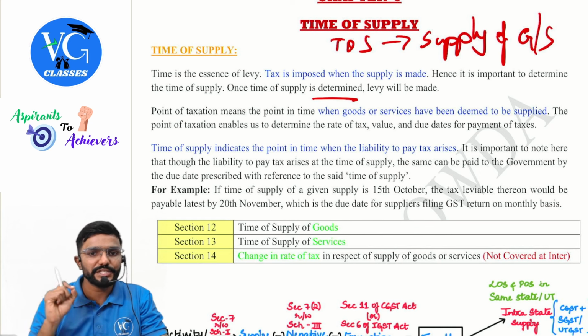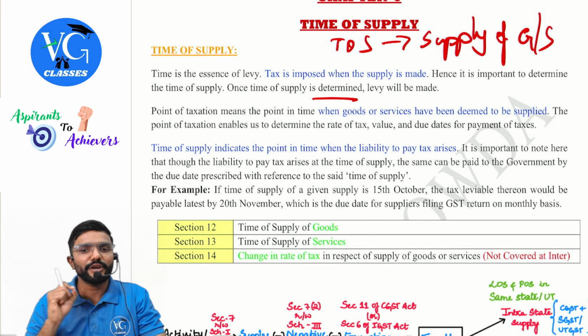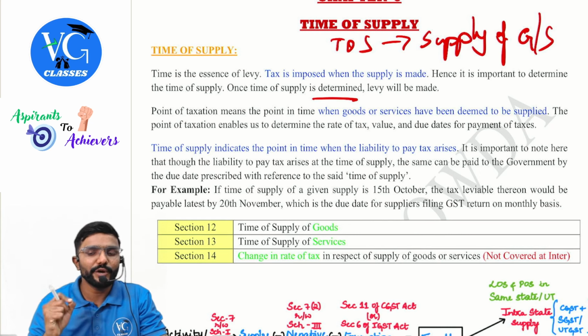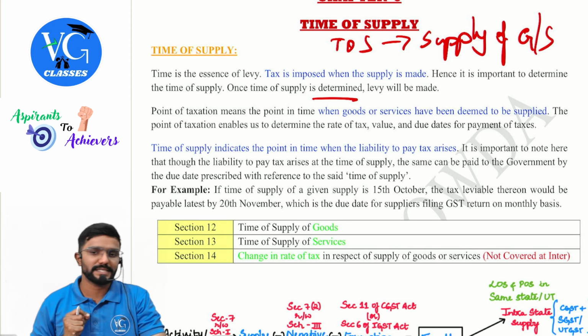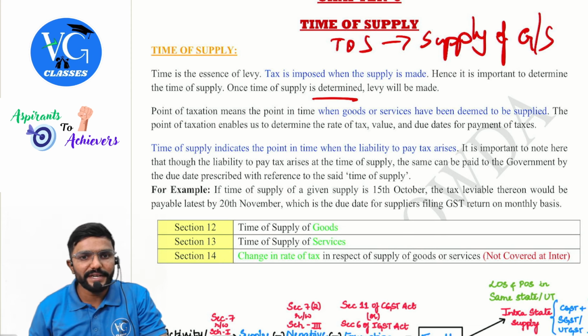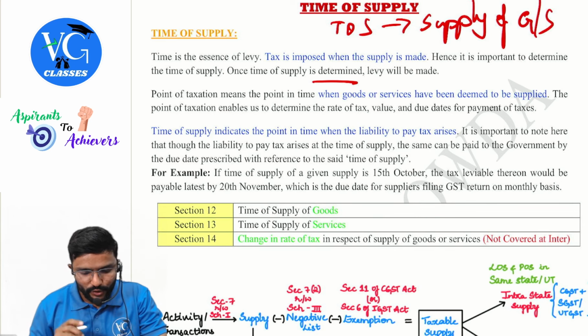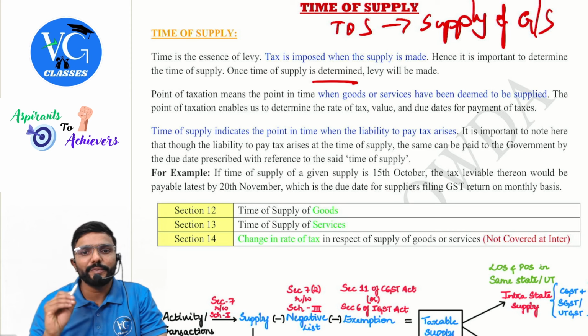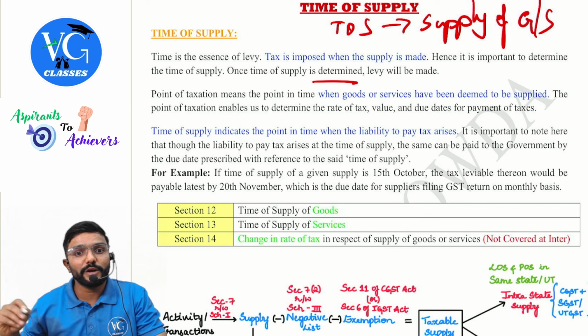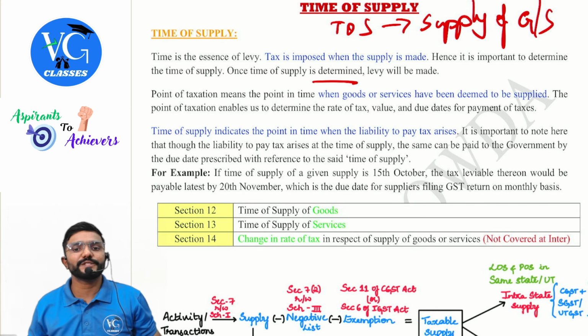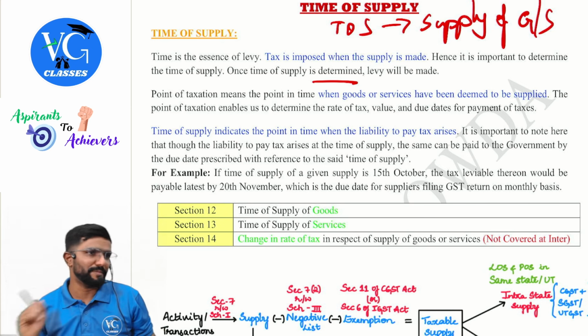The point of taxation enables us to determine the rate of tax, value, and due dates for payment of taxes. The time of supply indicates the point in time when the liability to pay tax arises. It is important to note here that though the liability to pay tax arises at the time of supply, the same can be paid to the government by the due date prescribed with reference to the said time of supply.